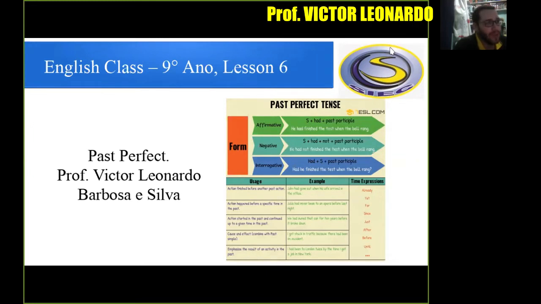Hope so. We are going to start our lesson number 6, and we are going to learn a very easy subject, which is the past perfect. If you understood the present perfect tense, you can understand the past perfect because it's very easy.